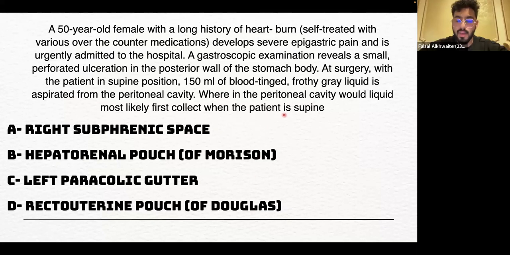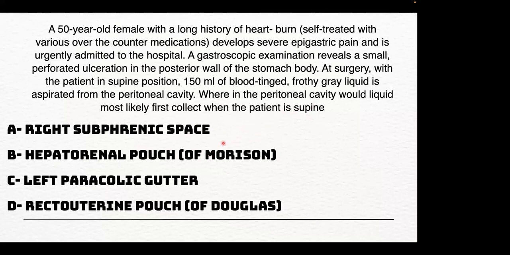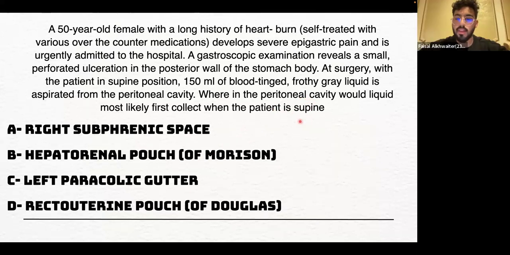So when it says supine, asking about liquid in the peritoneal cavity, it's always the hepatorenal pouch of Morrison. But for standing or sitting, and in some questions they say 45 degrees, I don't think they're gonna bring that in the questions. So when it's sitting or standing, it's the rectouterine pouch, which is Douglas pouch.